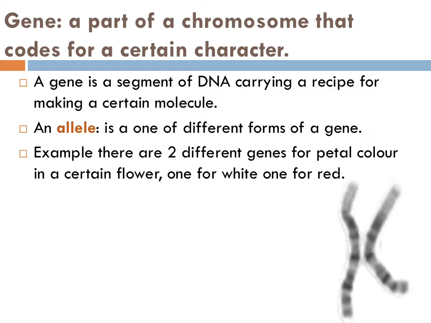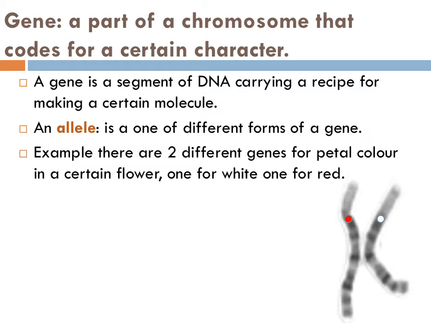Let's imagine that these alleles are here. One of them, I colored it red. Of course, there is no red color inside our chromosomes, but just to make it easier for you to understand. So on one side, maybe coming from the male part, there are instructions for making red flowers or red petals, and on the other, we have instructions for making white flowers.